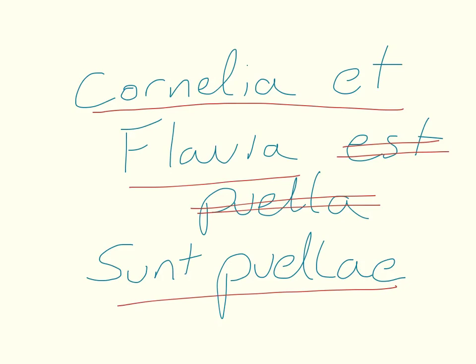So that's the same as saying, for instance, 1 plus 1, Cornelia et Flavia, equal 2. So here we have our singular Cornelia, our singular Flavia. We have our plural verb and our plural noun over here on the other side of the equal sign.